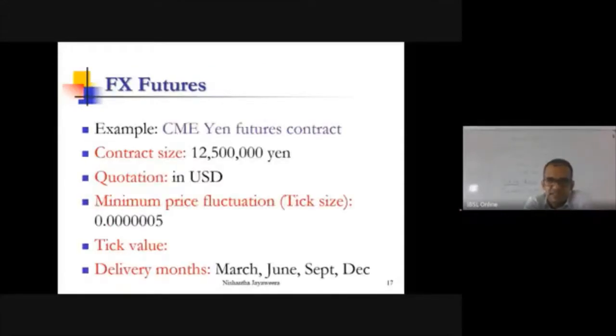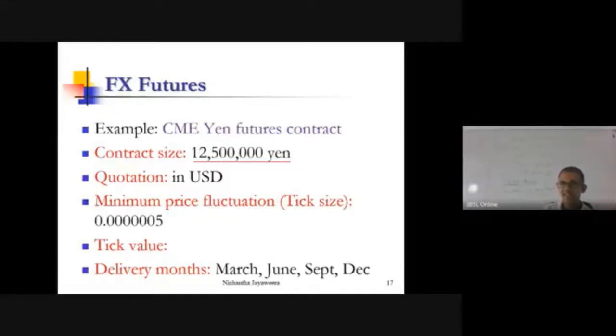So this is again an example of FX futures on the Chicago Mercantile Exchange, the yen futures contract. Here you can see the contract size is not defined based on the base currency, but it is based on the counter currency. The contract size is 12.5 million yen.